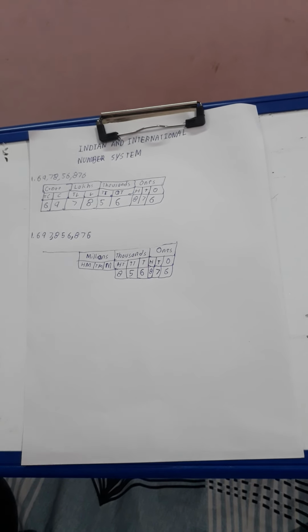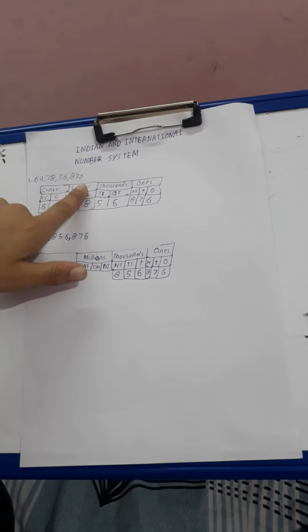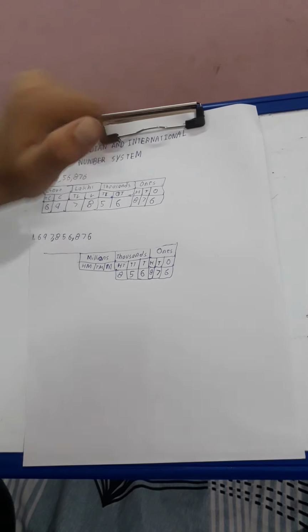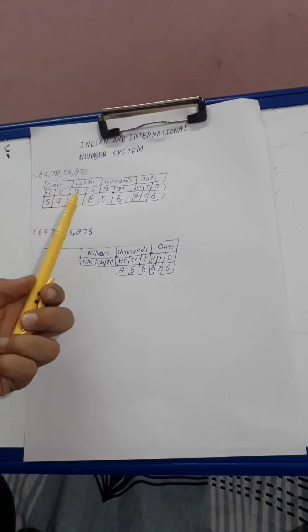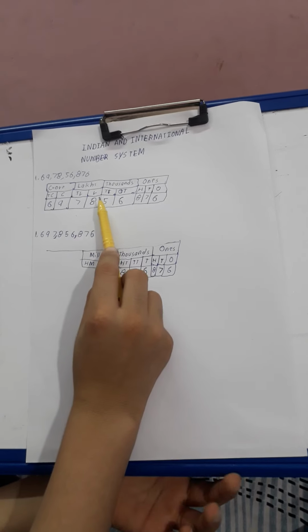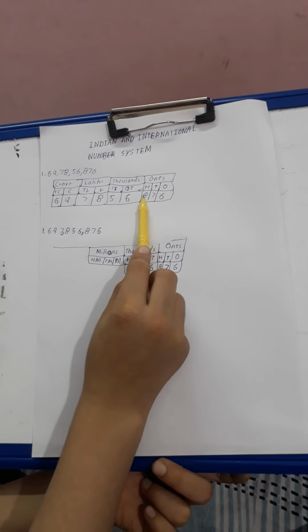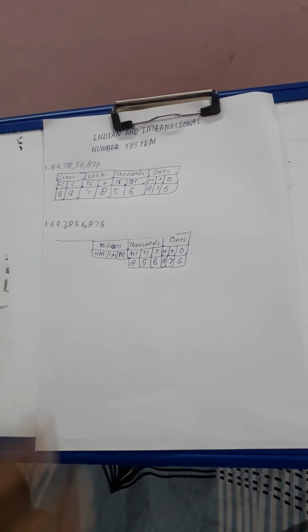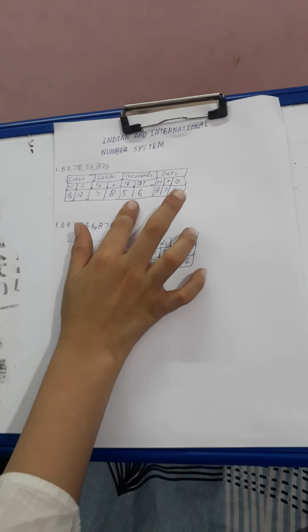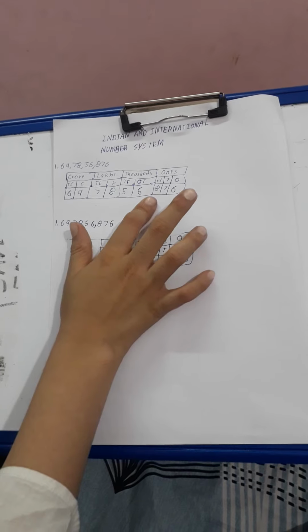For example, in the Indian number system the number is 99,999 and we add 1 to it. What will it be? 100,000. Yes, 100,000 will be the number.